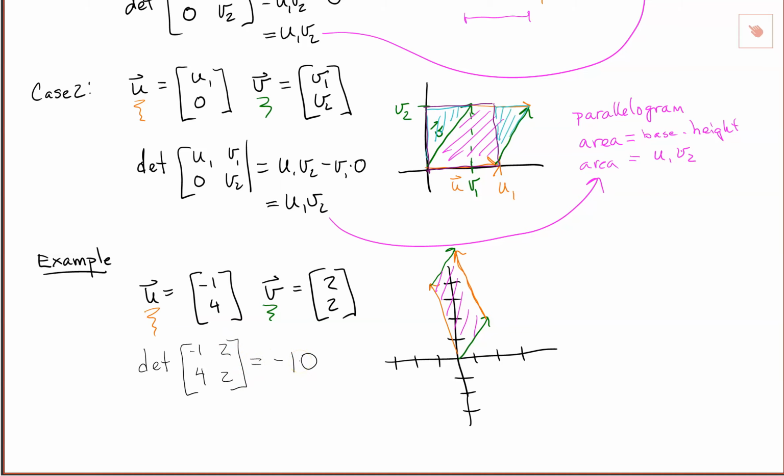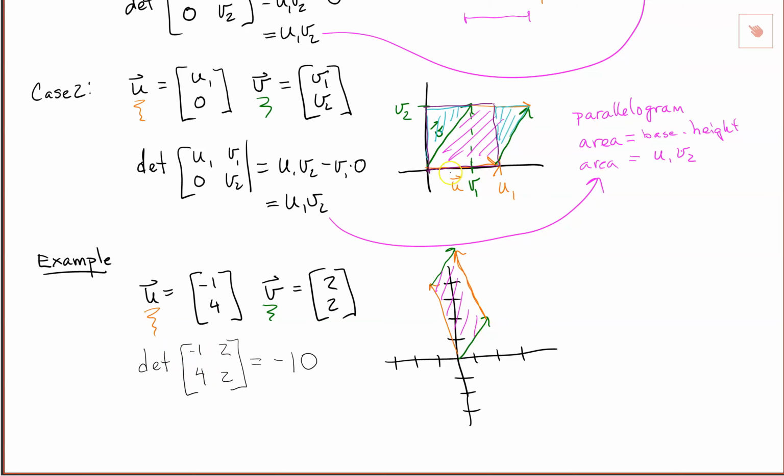So that's a little bit wonky, right? Because we have now a negative area. But what does that mean? Well, it's sort of like, you remember in calculus when if you integrate and you find an area, sometimes you have to take the absolute value of it if it's below the horizontal axis. Well, it's the same situation here. It's all about orientation. In this case, you can kind of think of the area as sweeping from the first column vector over to the second column vector.